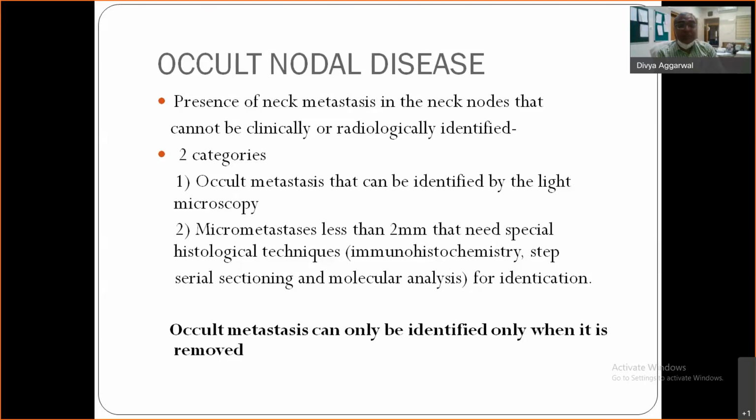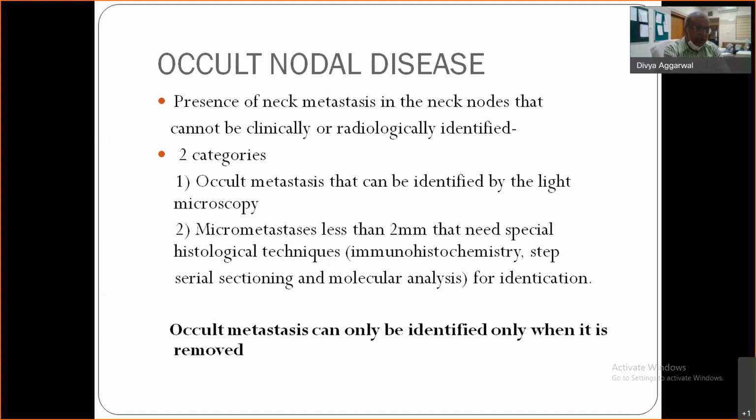Occult nodal disease can only be identified when it is removed. So if you have not done a neck dissection, you cannot identify an occult metastasis. Why is occult nodal disease important? Because it is the starting point of the neck metastasis.